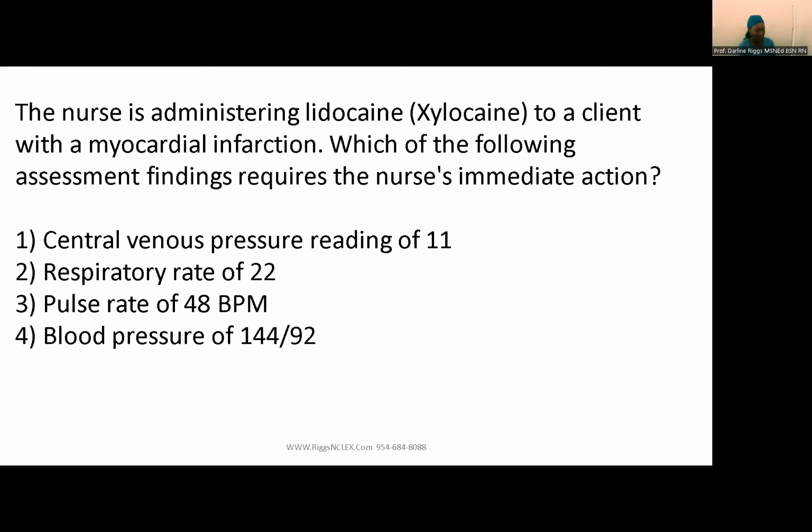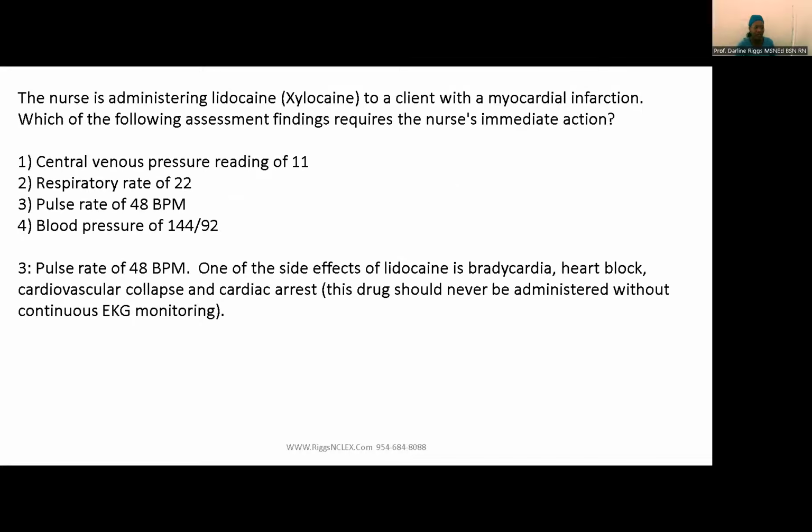On the real NCLEX, it's extremely abnormal like that as well, folks. So hopefully you're going with that ridiculous pulse of 48. Lidocaine is going to cause bradycardia, so we're monitoring for that, and you're going to need to intervene for that 48.